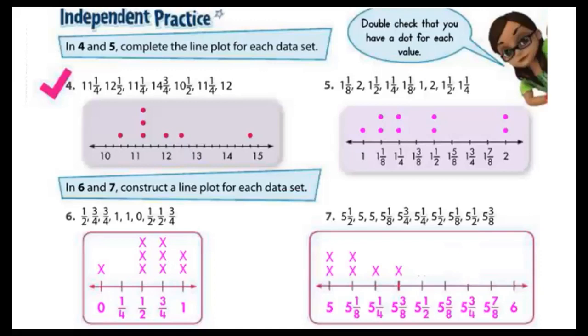We have a lot here. Here is the first 5 and a half, the second one, and the third one. So it's repeated 3 times. Now, 5 and 3 quarters: the frequency equals 1, so I'm going to write just 1 x over it.